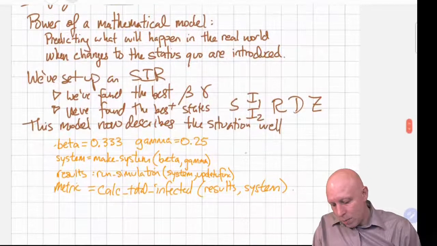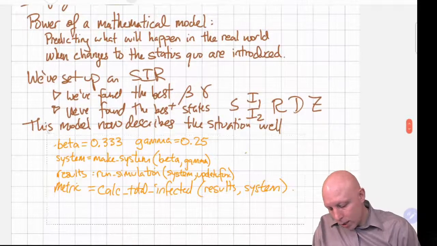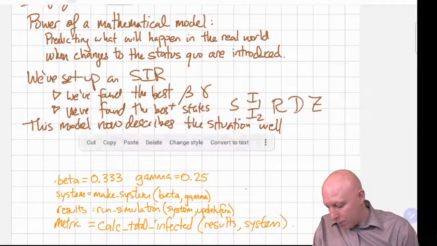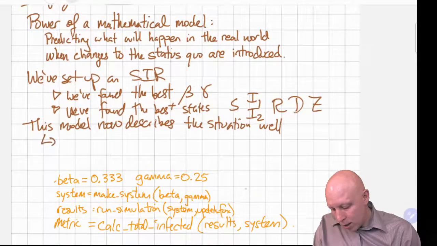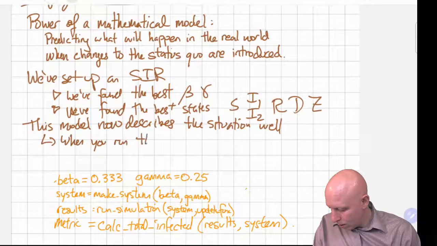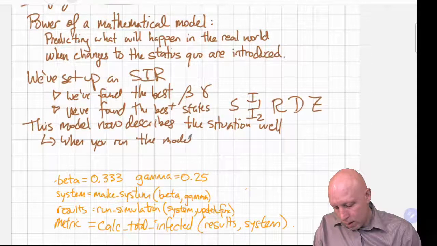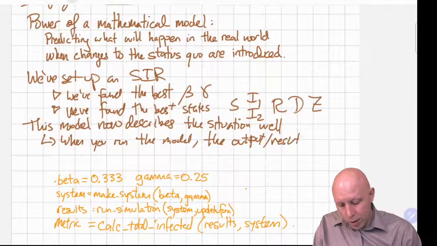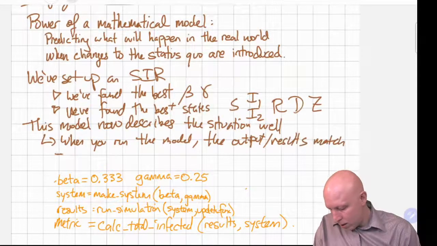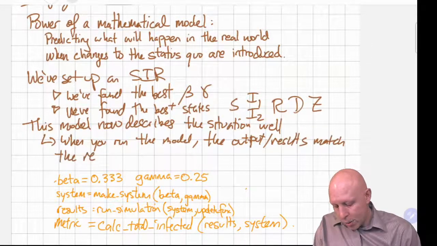So what do I mean by modeling the situation well? I mean that when you run the model, the output or the results or the metric that you've collected match the real world data that you have.